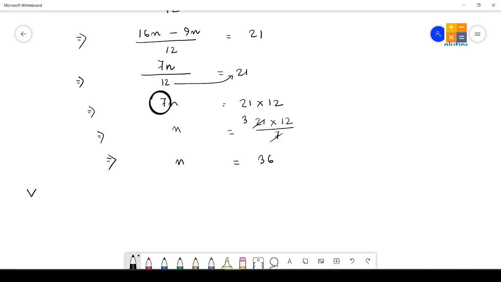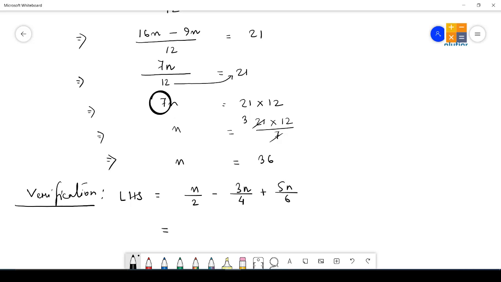So coming to the verification part, the LHS we have to start with. LHS is equal to n by 2 minus thrice n by 4 plus 5n by 6.